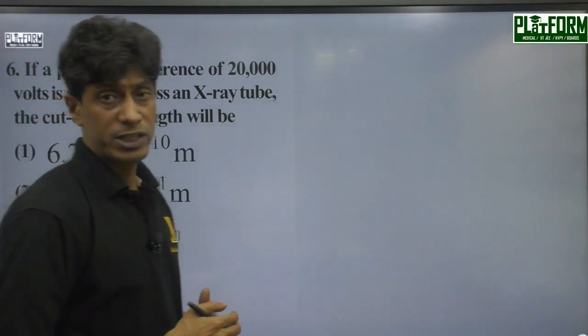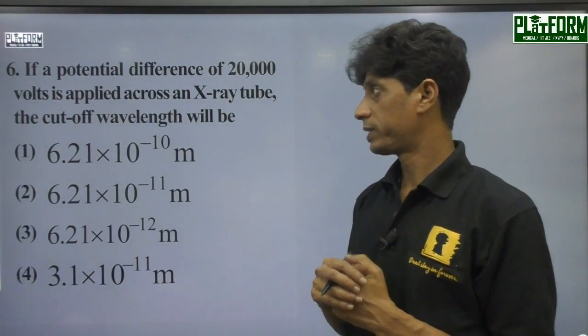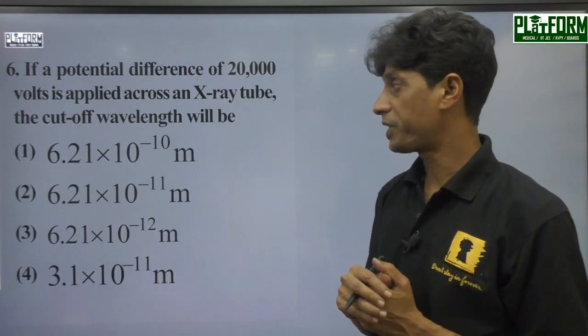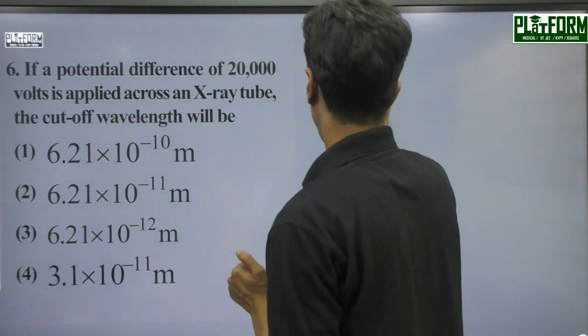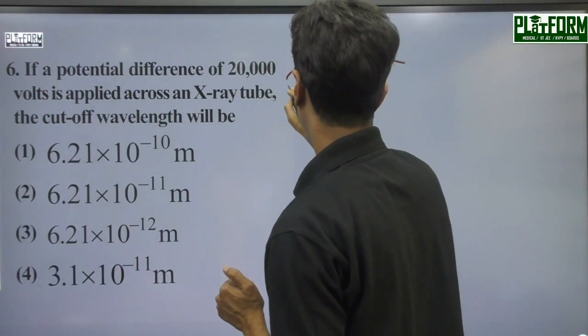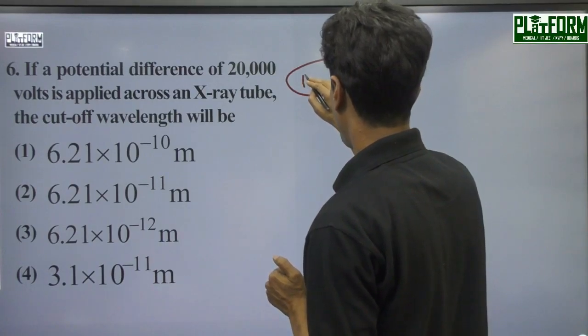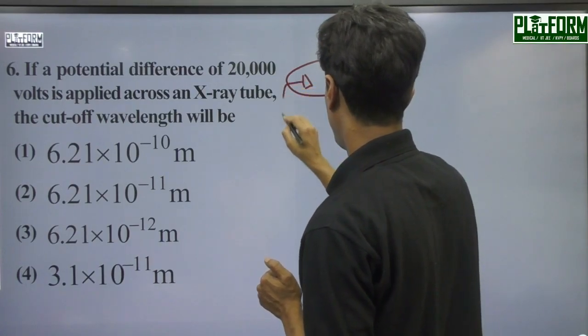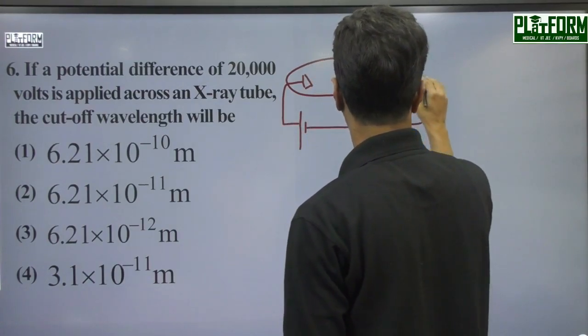A potential difference of 20,000 volts is applied across an X-ray tube. The cutoff wavelength will be, you know, in Coolidge's tube, there is a target metal as an anode.